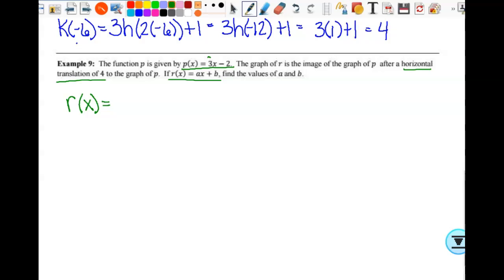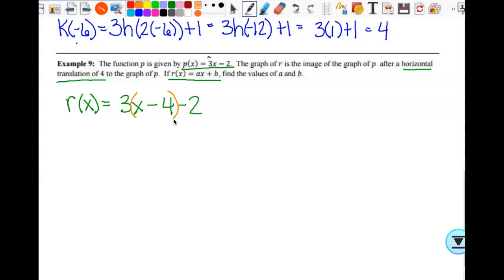Would I be adding or subtracting from x? Subtracting. So do you think I just get to put 3x minus 4 minus 2? No. If I'm going to affect the x there, it's going to look like that. Does that make sense to you? That's my horizontal translation by 4.